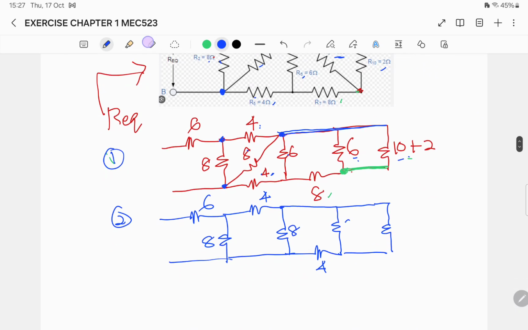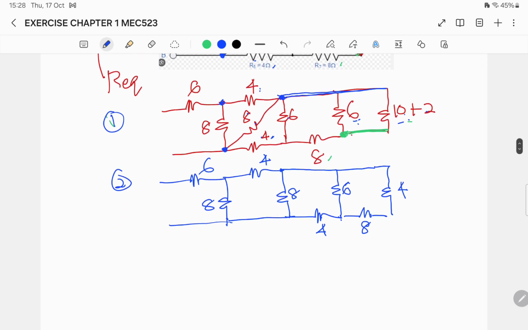Sekejap. 6. 4, 8 ni. From kaki 4 pergi ke kaki bawah ni. Kaki 8 pergi kaki 4 juga. 4 jumpa dengan 6. So sini kena ada 8. Sini 10 dengan 12 parallel dengan 6. Berapa? 12 parallel dengan 6. 4. Lepas tu sini kena ada 1 kan? Bawah ni 4. Okay, so sini 8.